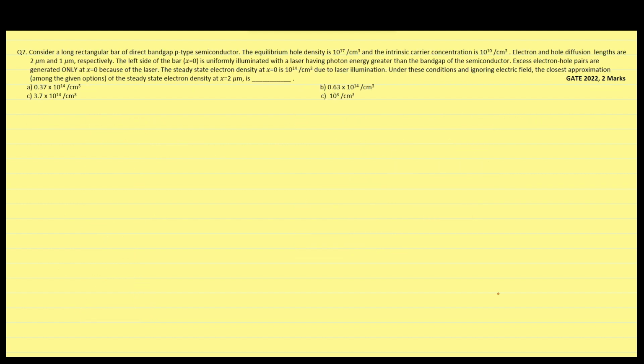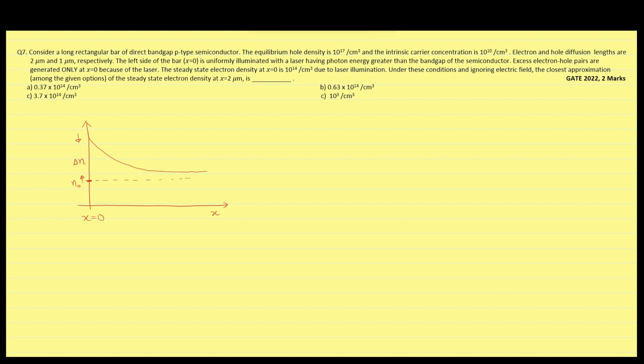For question 7, the concentration profile of minority carriers can be represented as here. This point is representing thermal equilibrium free electron concentration, and this represents the excess free electron concentration at the surface which is illuminated with a laser.